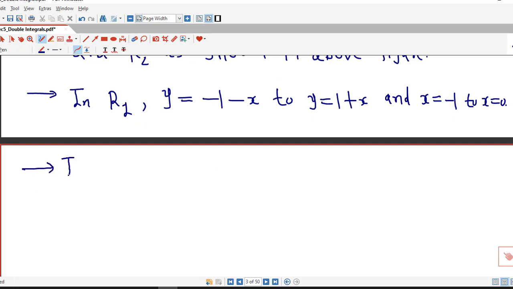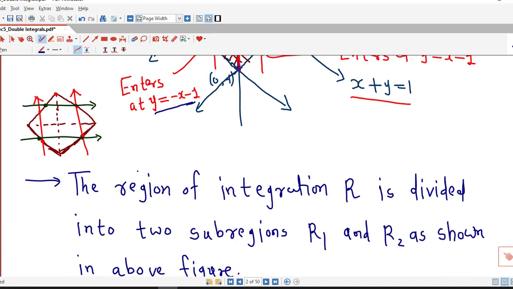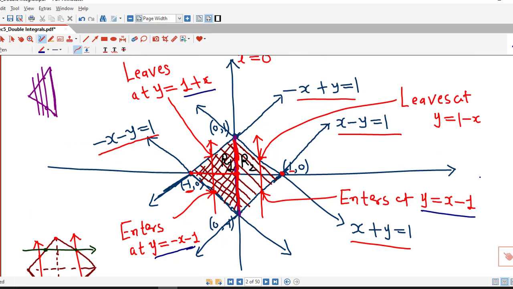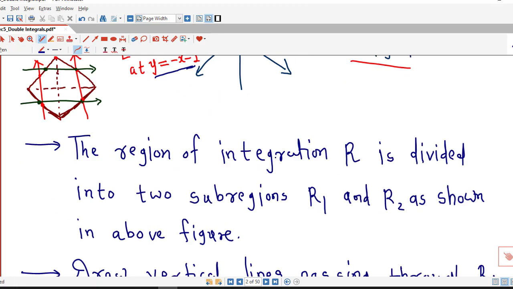Similarly we write for the second sub-region R2, y is from x minus 1 to 1 minus x, and x is from this point to this point, that is 0 to 1.